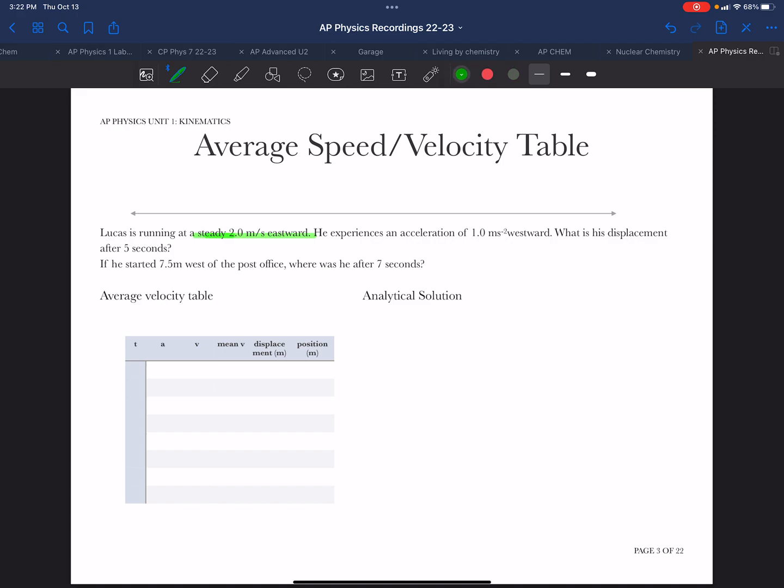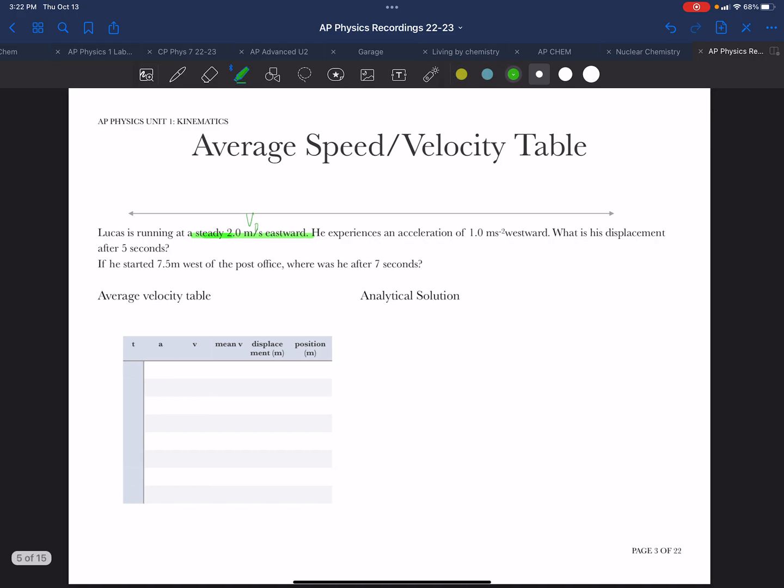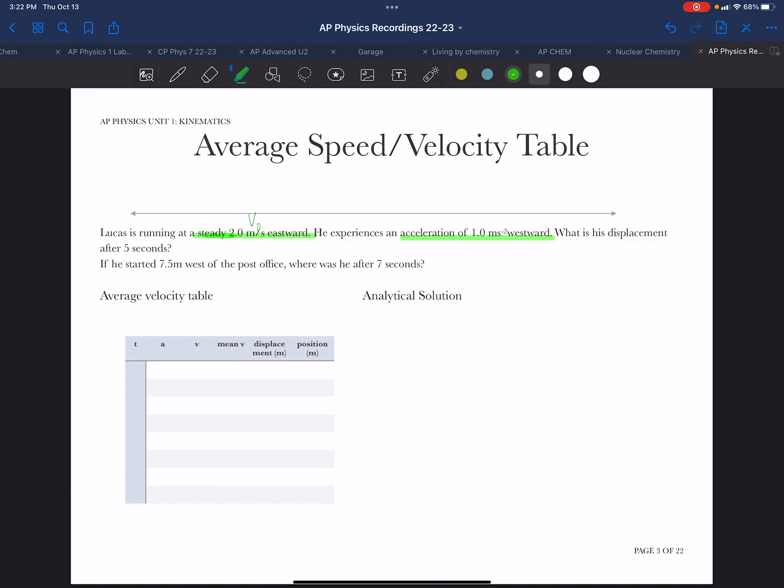That is what we should recognize as the initial velocity, V0. He experiences an acceleration of 1.0 meters per second squared westward, so that is the acceleration. And we want to know his displacement after 5 seconds. So that's our time, and the displacement we're looking for is the delta x.